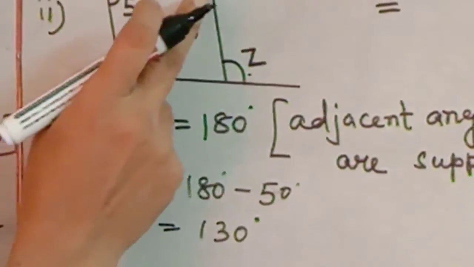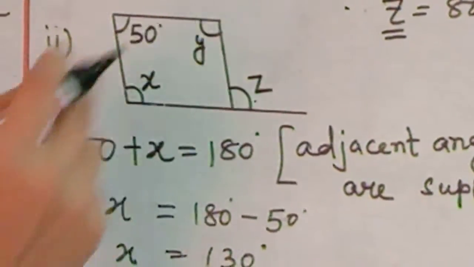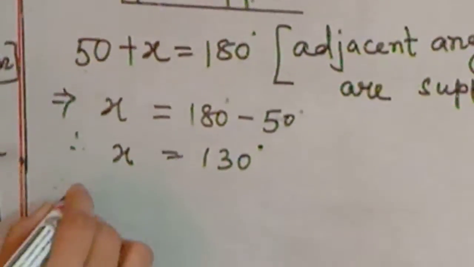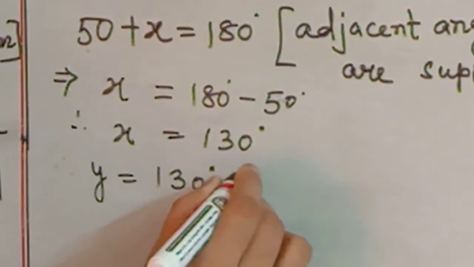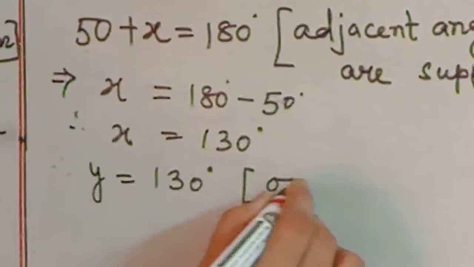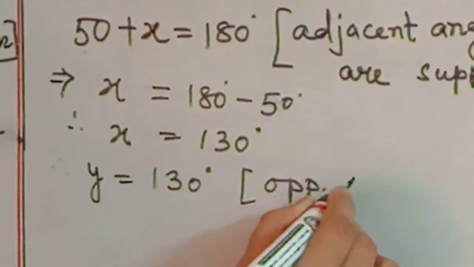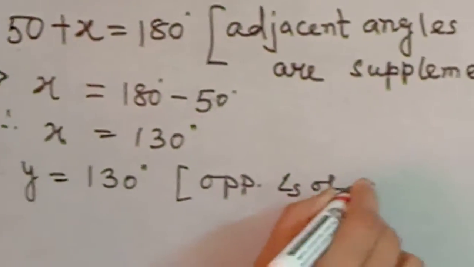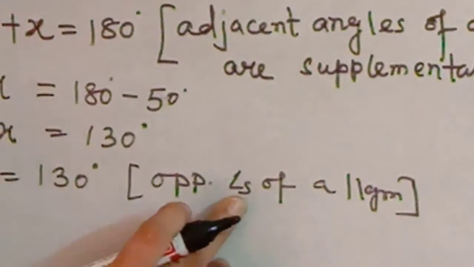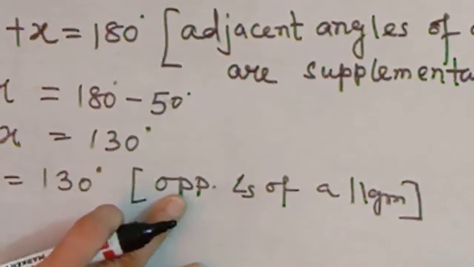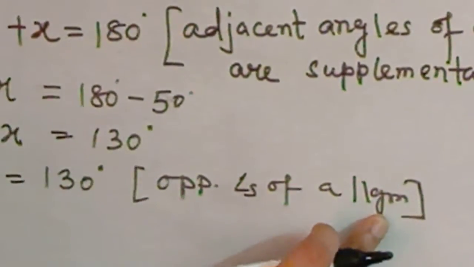Now you know that x and y are the opposite angles of the parallelogram. Therefore the value of y is also 130 degrees. Reason is opposite angles of a parallelogram.